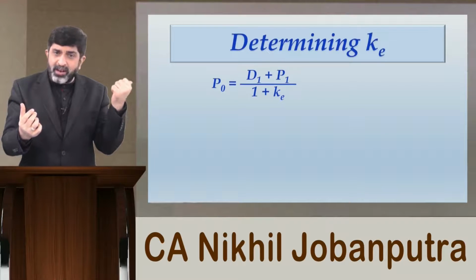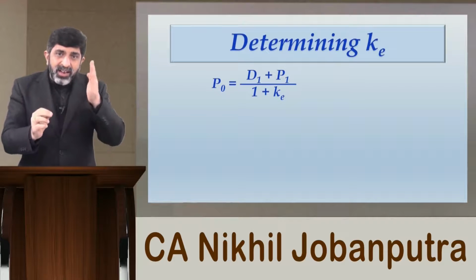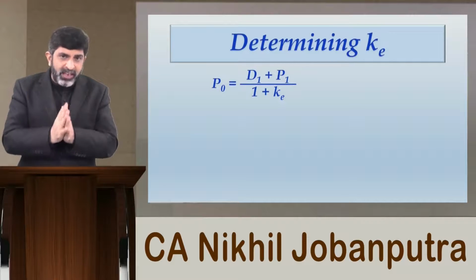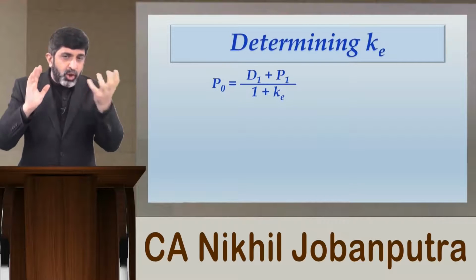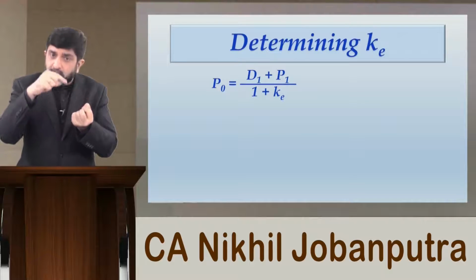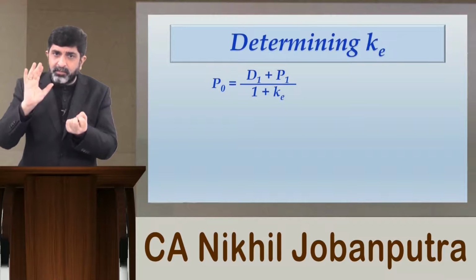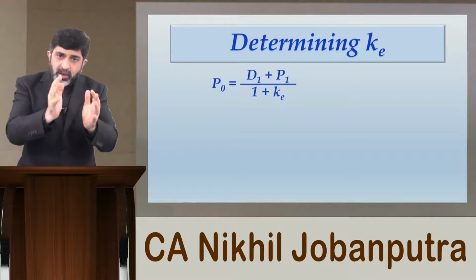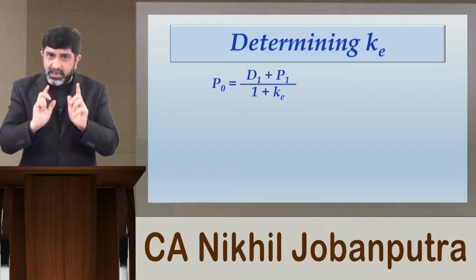If you want to understand this formula, consider D1 and P1 both as future cash flows. Why future cash flows? After 1 year, suppose you want to sell the share, you will get a cash inflow of 230 as per my example, and the dividend is already a cash income. So, both taken together, 50 plus 230 gives you 280 as cash flow after 1 year.